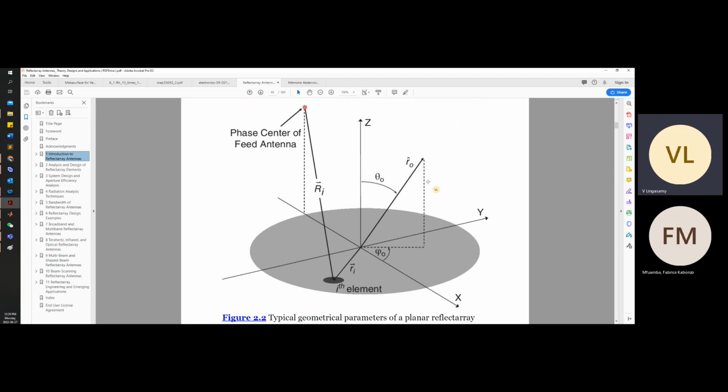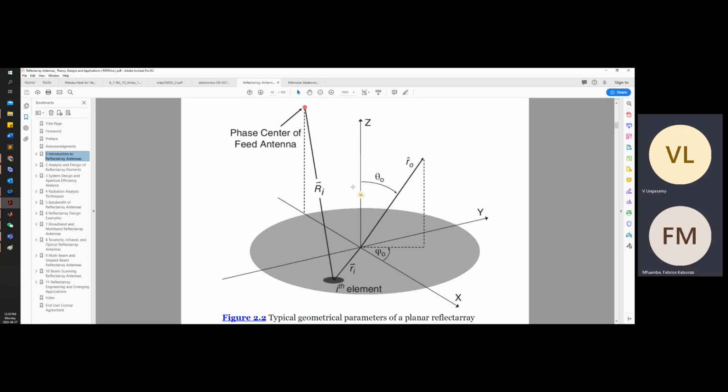That's the only difference. But in the parabolic reflector also, while analyzing, we used to say it is discretized into many small modules. So this is the phase center of the feed horn, or any antenna. Then it is getting reflected over here.